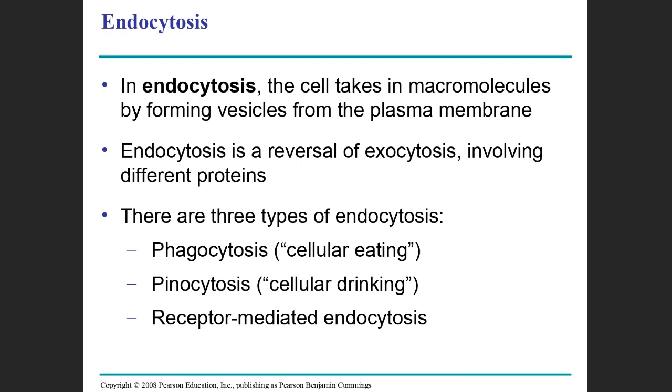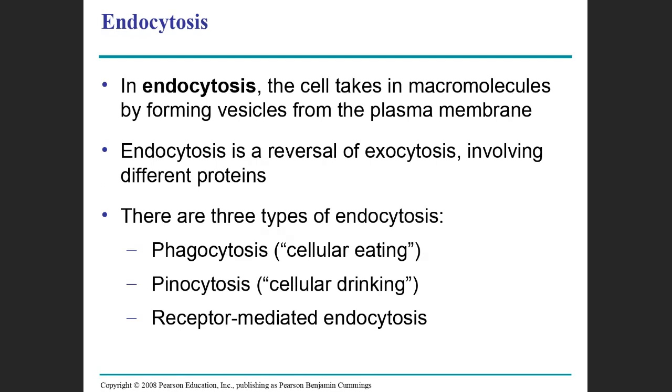Endocytosis is the opposite. You're moving from the outside to the inside of the cell. And so there are three types of endocytosis. Phagocytosis, which I mentioned before, cellular eating, where a phagocyte, a cell, engulfs something, often to destroy it. Pinocytosis, cellular drinking, so sometimes cells need to move more water into the cell than can occur with just the aquaporins.